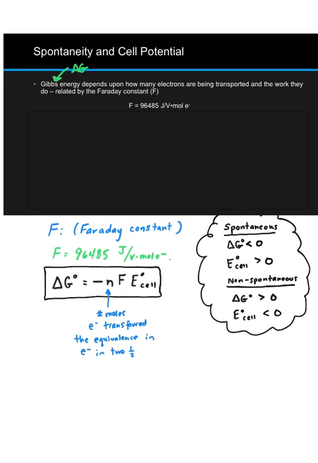It's not electrons added together, it's just how many electrons we have produced or consumed in a balanced redox reaction. F is our Faraday constant, and E cell is our standard cell potential. This is the thing we defined on the previous slide. Its value is given as the standard reduction potential for our cathode minus the standard reduction potential for our anode.